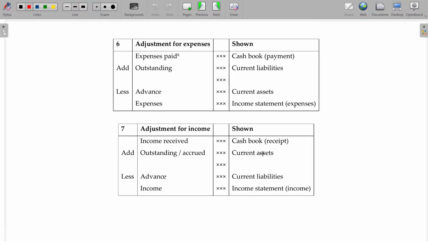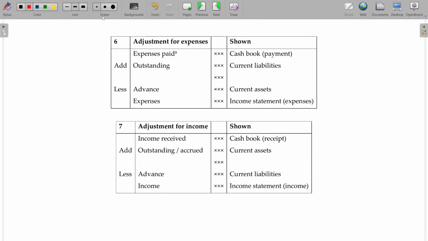Now, what about the adjustments of expenses and income? Okay. See, for example, 1000 rupees, or $1000, will be your rent per month.